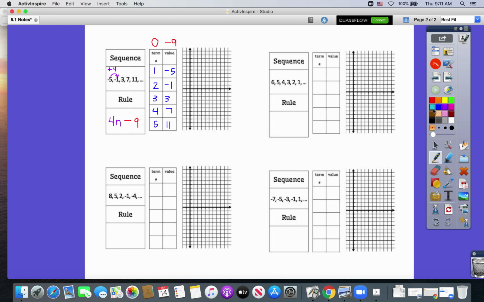Just know that if we plug in any of the term numbers, we should get the value over here. So if we plug in our first term, 4 times 1, and subtract 9, that gives us -5, which is the value here. So we can double check that to make sure we got the right rule, and we got it.